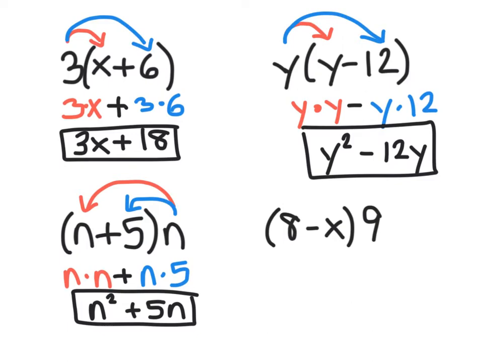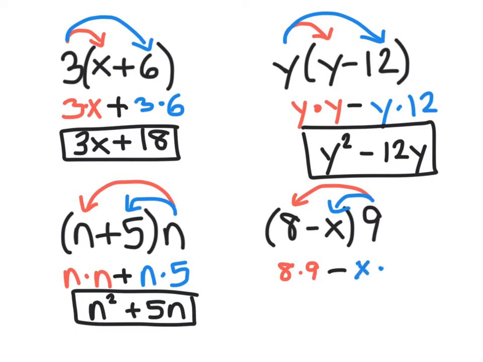And our last example. Again, the 9 is on the outside of the parentheses. We need to get that distributed or shared with both items in the parentheses. So 8 times 9. This time it's minus x times 9.